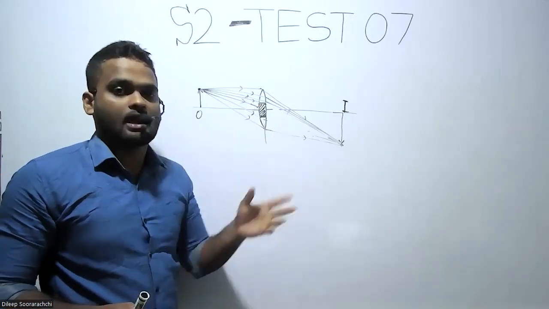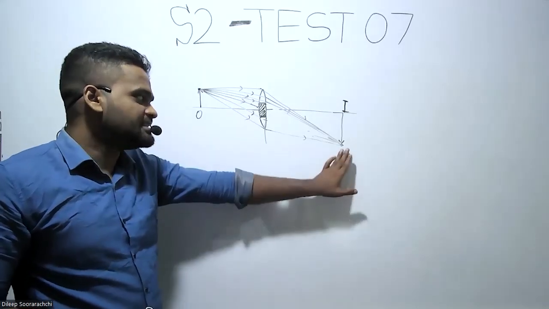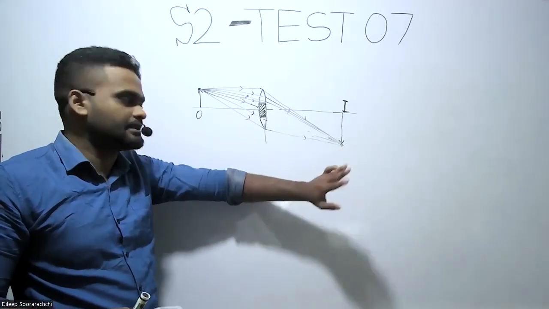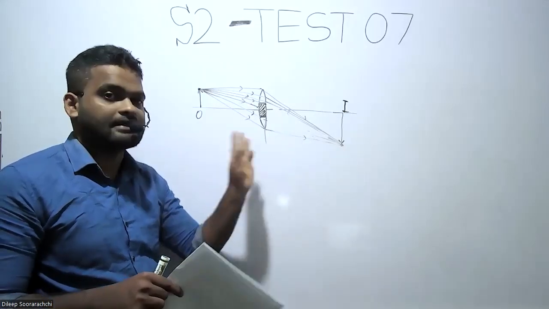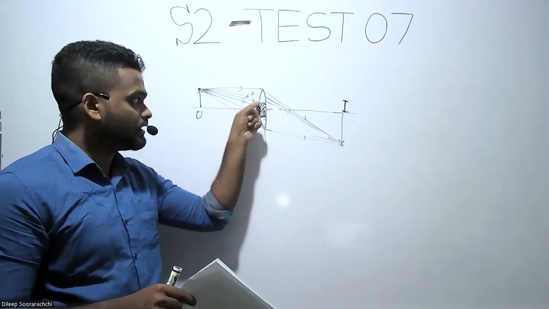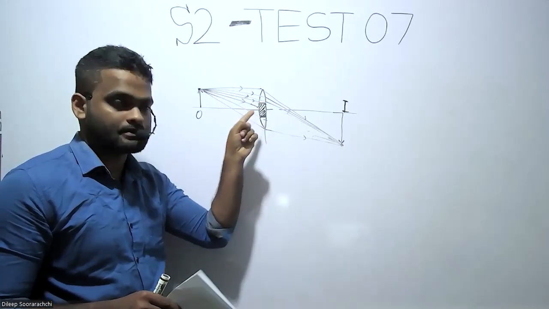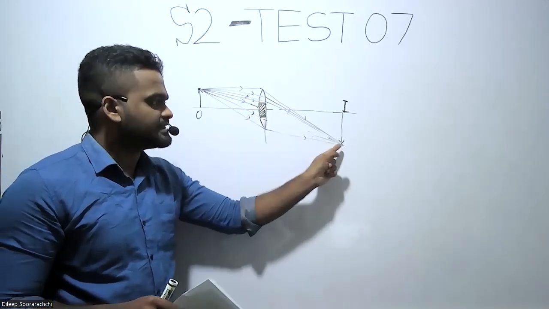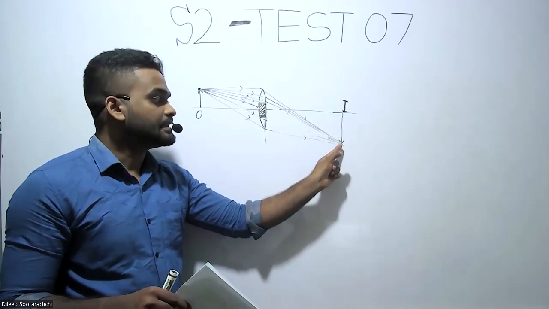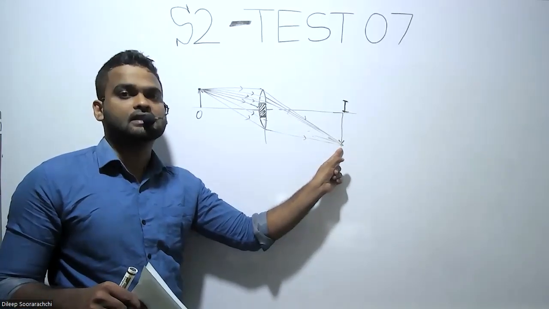So what could happen now, right? The image is still made. Nothing changes. The image is formed as it is. The shape or anything does not change just because we cover this part of a lens. What happens is, since the number of rays has decreased, the brightness of the image decreases.